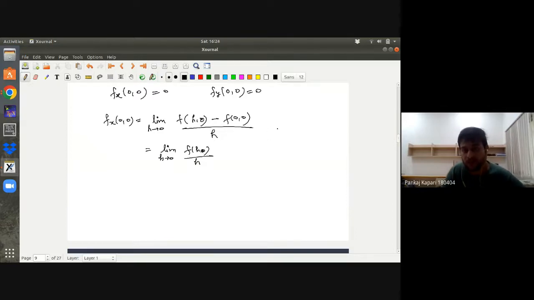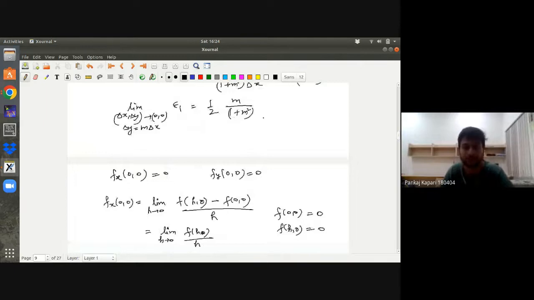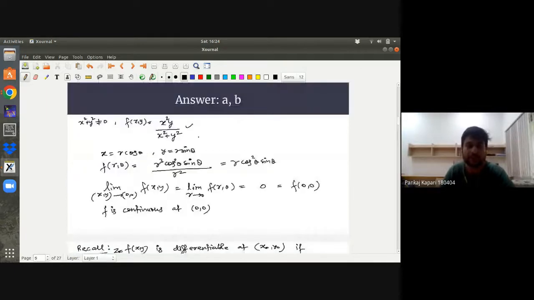Now note that the value of the function at the origin is 0, and f(h, 0) is also 0. Why? Because you can see the function is defined as x squared times y divided by x squared plus y squared, so whenever either x or y becomes 0, the functional value becomes 0.